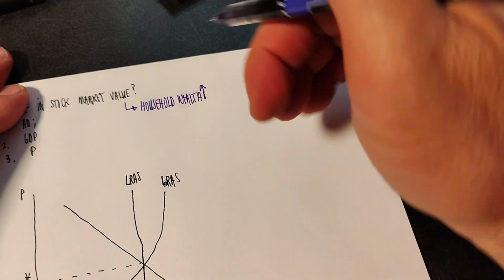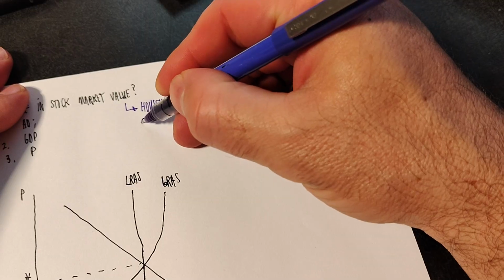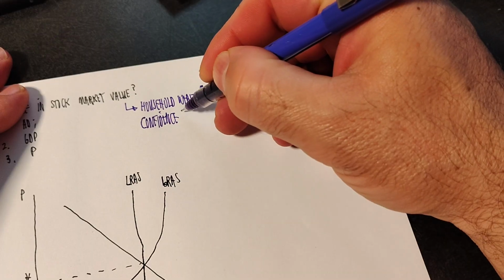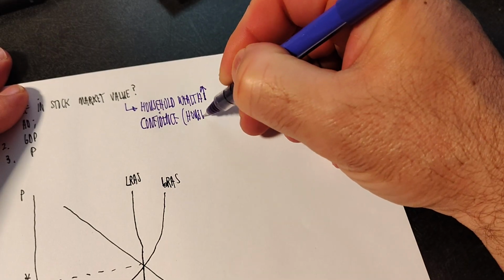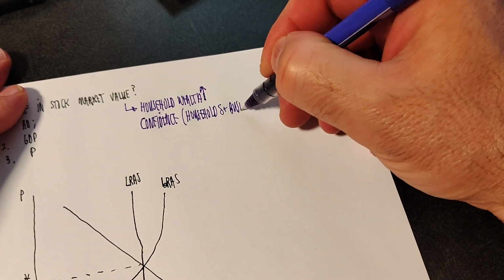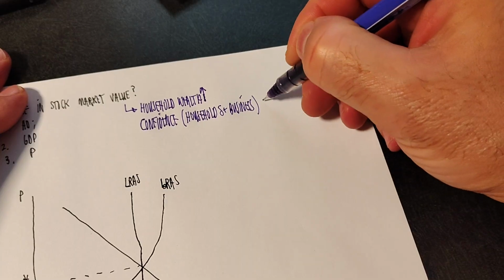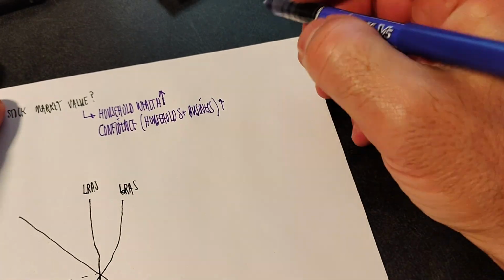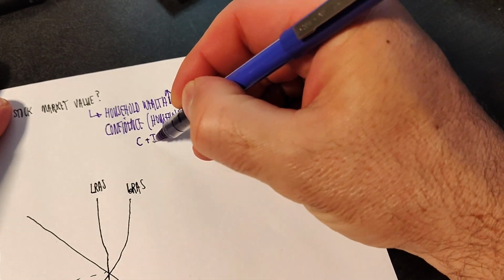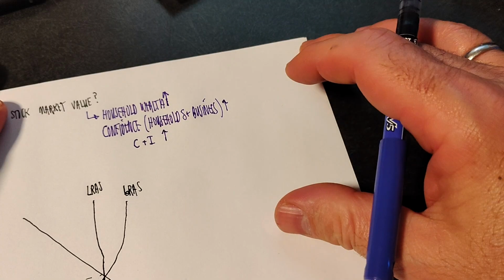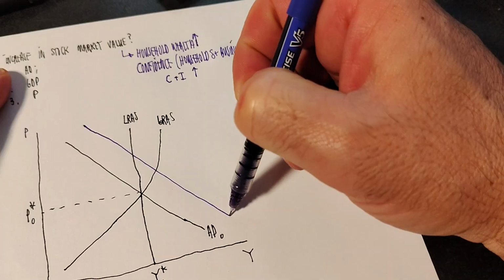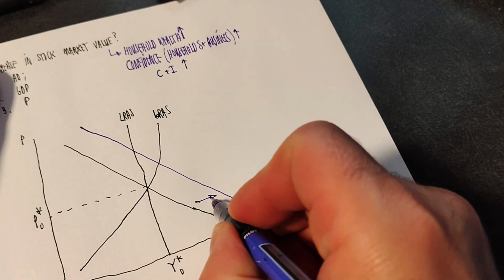We can also think that confidence in the economy, for both households and businesses, is going to be high. So we can assume that C plus I is going to grow, and that is going to shift the aggregate demand curve to the right.